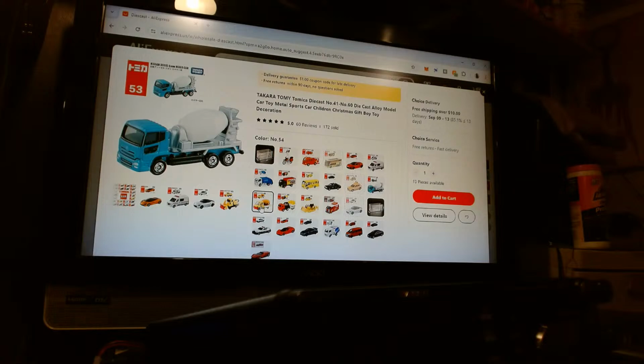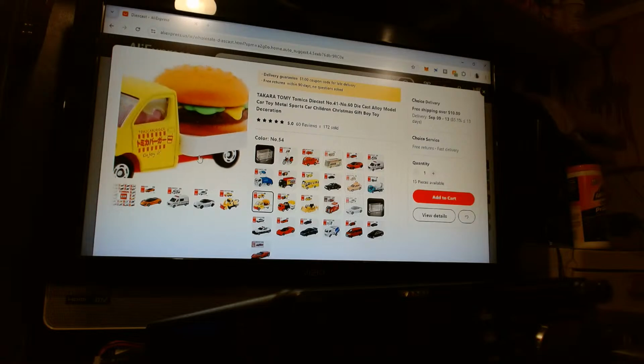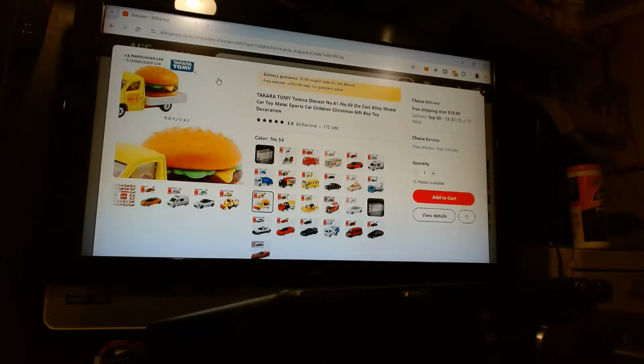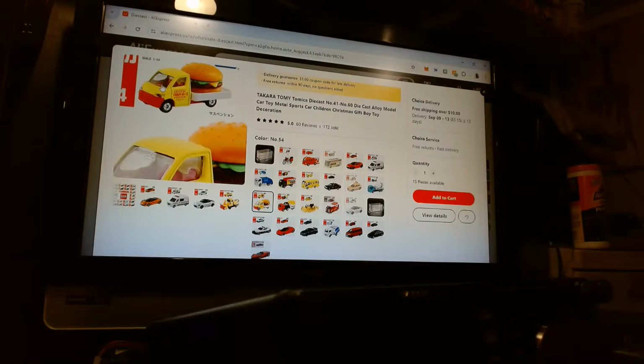Of course, these are all going to be Japanese vehicles. Okay. And so if you're doing an HO scale train set in the United States, you're not gonna use these vehicles because these are more for Japanese. Like this one is a what? Town Ace hamburger car, 1/64.